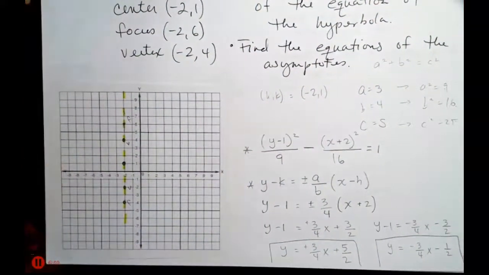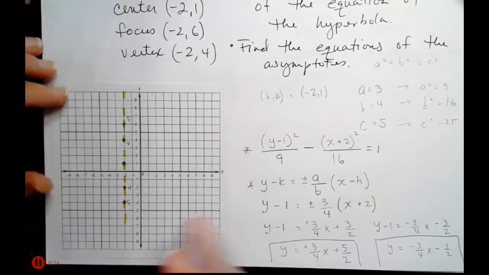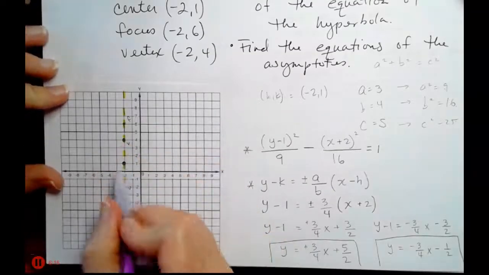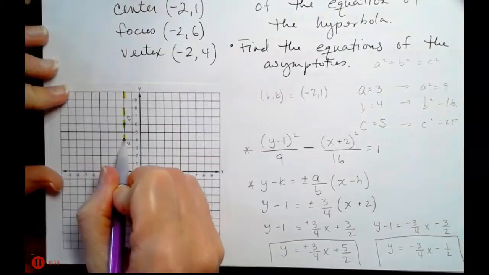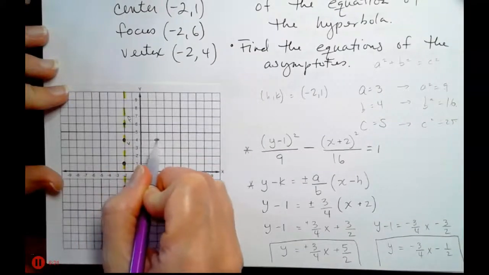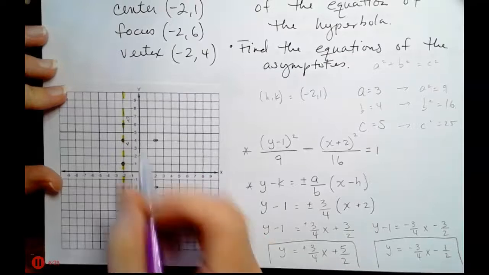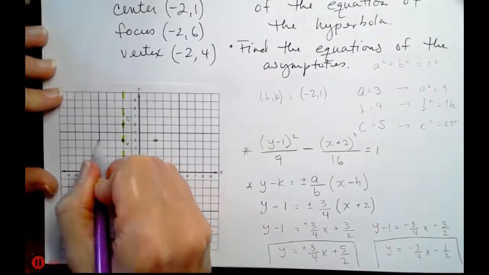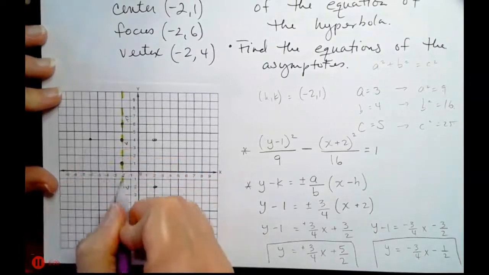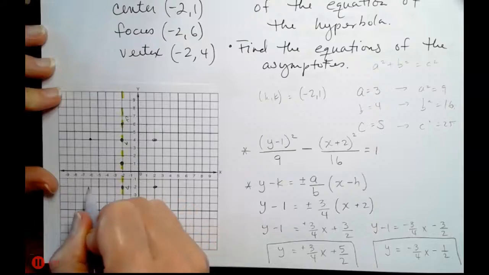Okay, so now let's graph it. Let's use our slope. If our slope is 3/4, from the center point, 1, 2, 3, 1, 2, 3, 4, and so on in each direction.